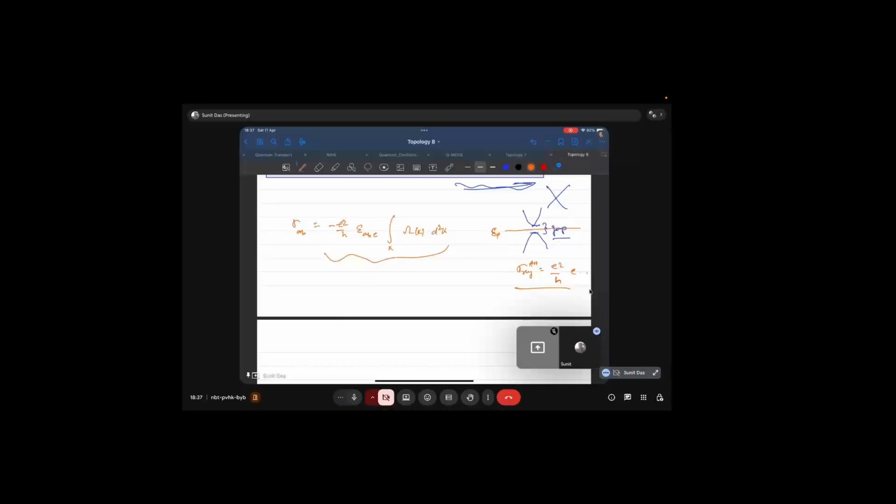If it is not zero, then you already know that this is anomalous Hall effect. But if it is not only not zero but also quantized, some quantized number C in units of e square by h, then it is quantum anomalous Hall effect. This quantum is associated with this C, and it turns out that C is just the Chern number, just the integration over this Berry curvature.